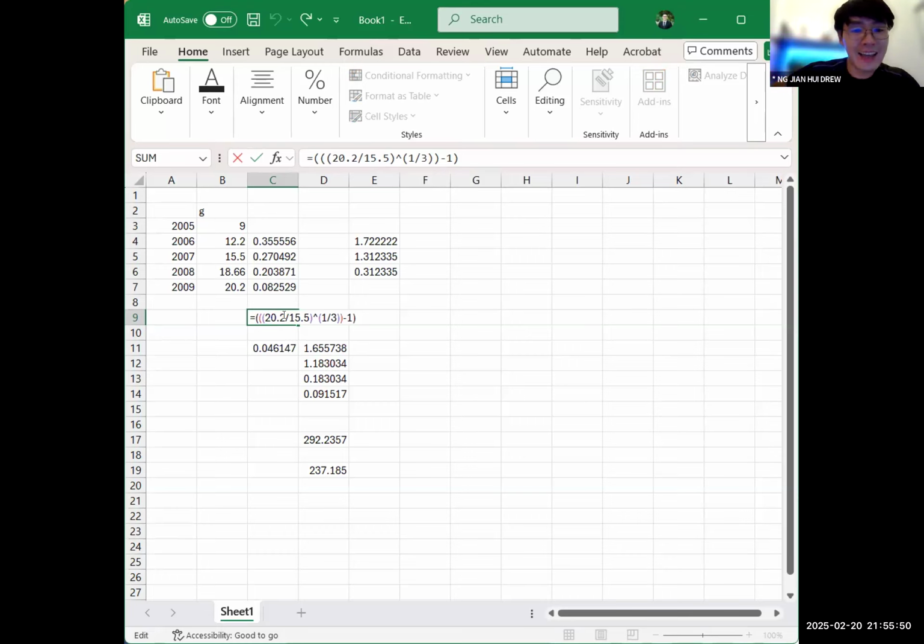Yeah, but I'm using CAGR as well. I'm getting 9%. To use this.